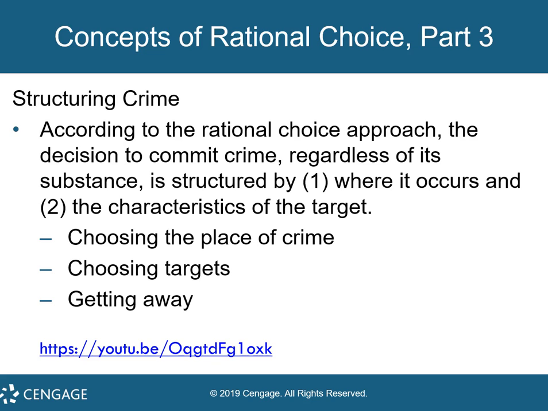And even getting away. So we want to throw that one in there when they talk about choosing the places of crime, choosing the targets, and then getting away. These are all important pieces. So choosing the place of crime. Well, criminals seem to carefully choose where they will commit their crime.